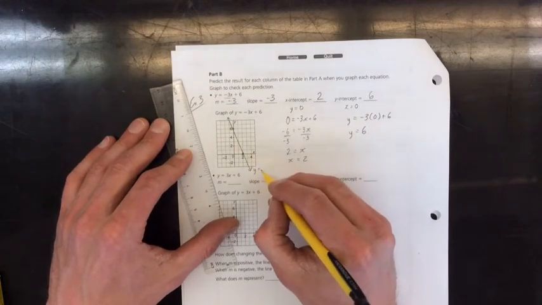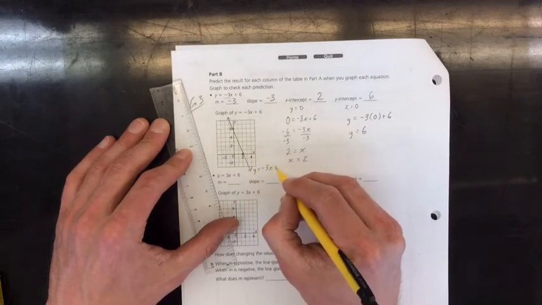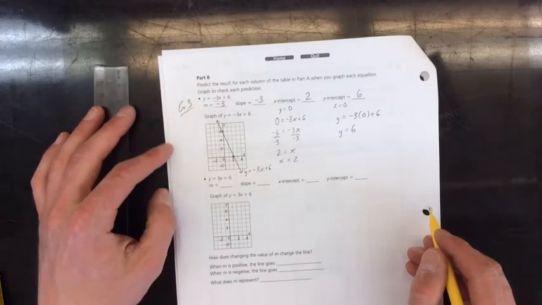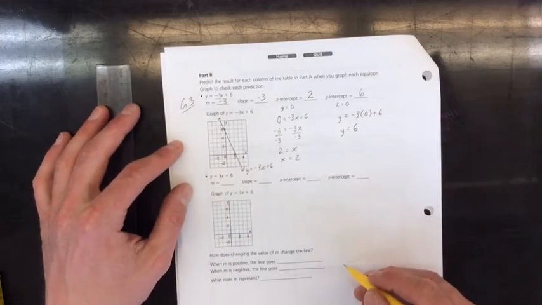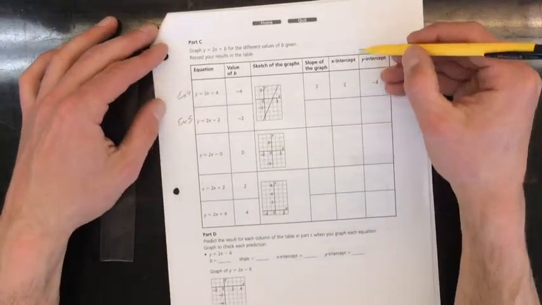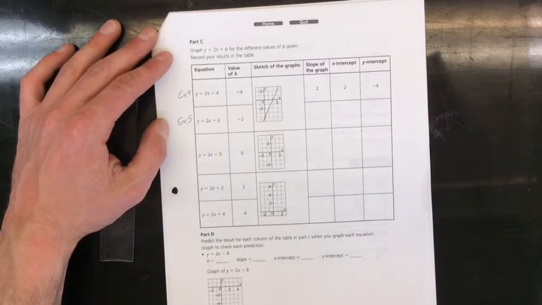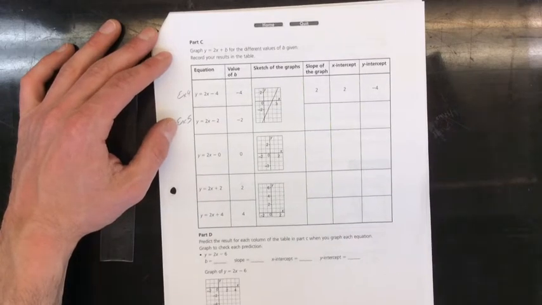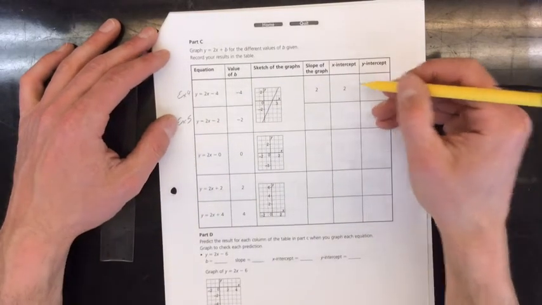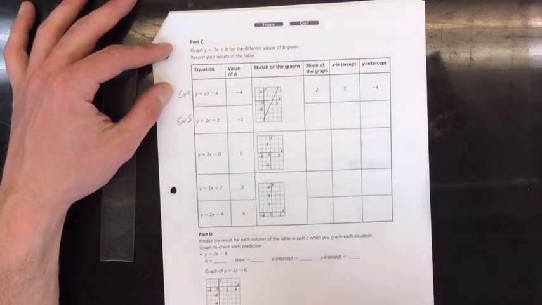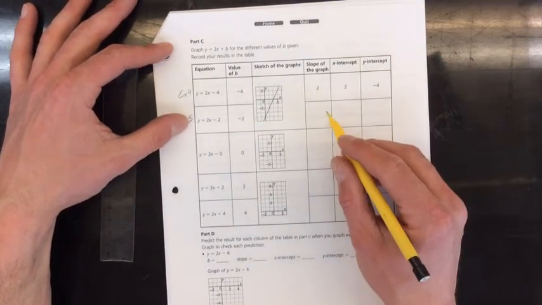And this line is y equals negative 3x plus 6. So you go ahead and do this, answer these questions. Then do part C, where you're going to fill out this set of graphs, finding slopes, x-intercept, y-intercept, and then also part D.